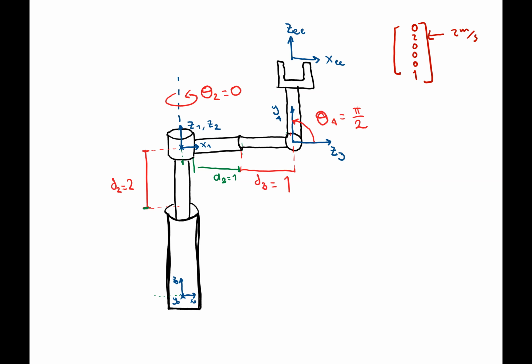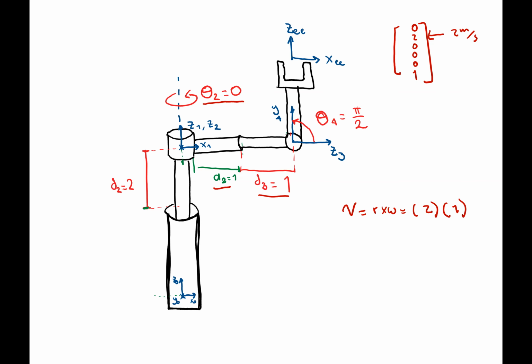Now let's think about this. If this theta is 0, we know that the linear velocity is equal to r cross omega. In our case these are just scalars, so our r is basically a2 plus d3, which is 1, this becomes 2, and our angular velocity is 1.